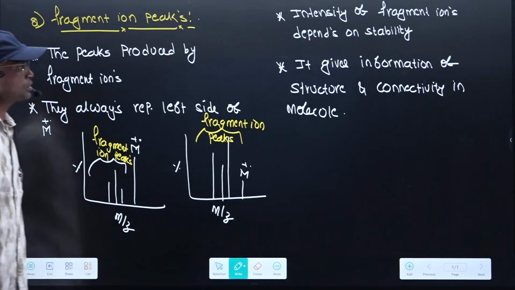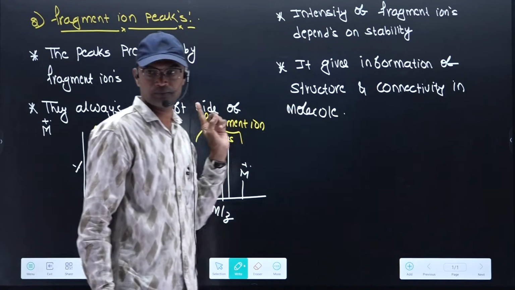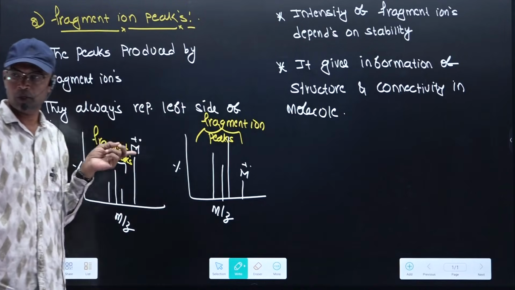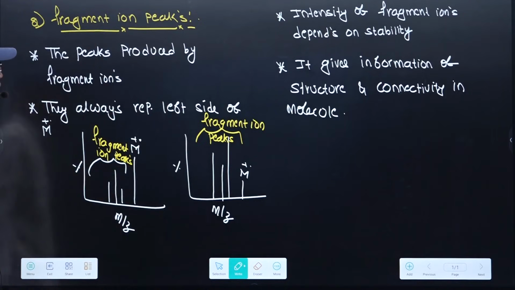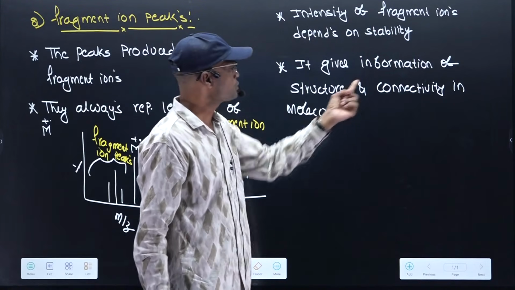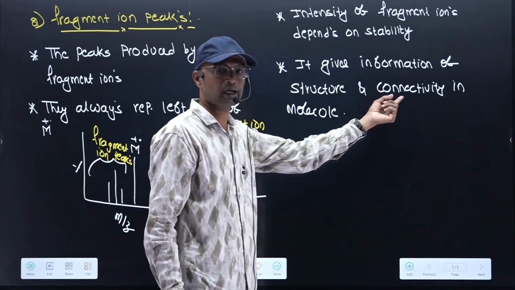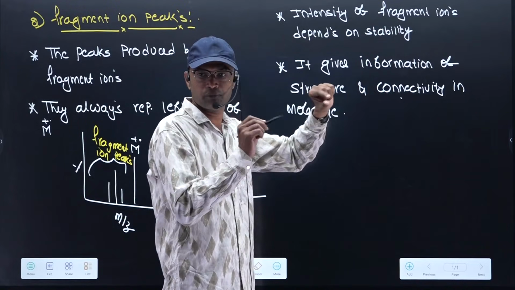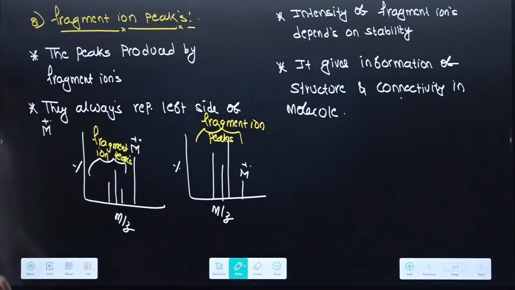The molecular structure and connectivity are clearly given by the fragment ions. Fragment ions give information about the structure of the original molecule. They also give information about the connectivity, what type of connectivity is there within the molecule. That is fragment ions and fragment ion peaks.